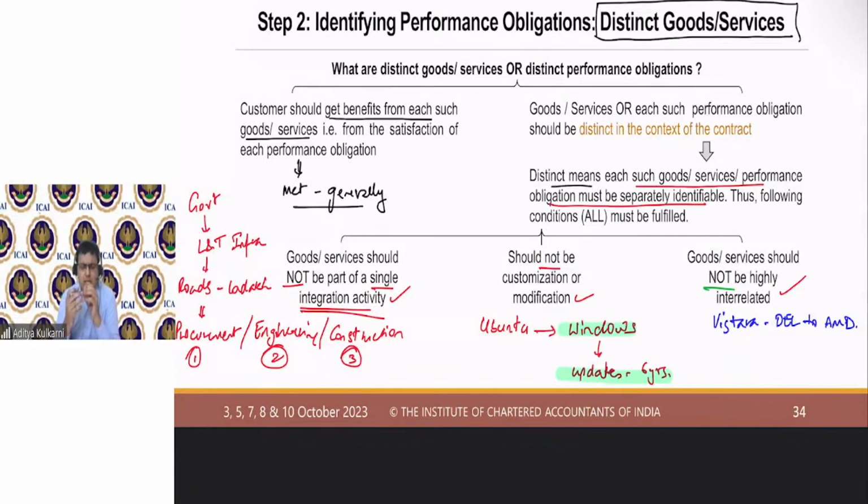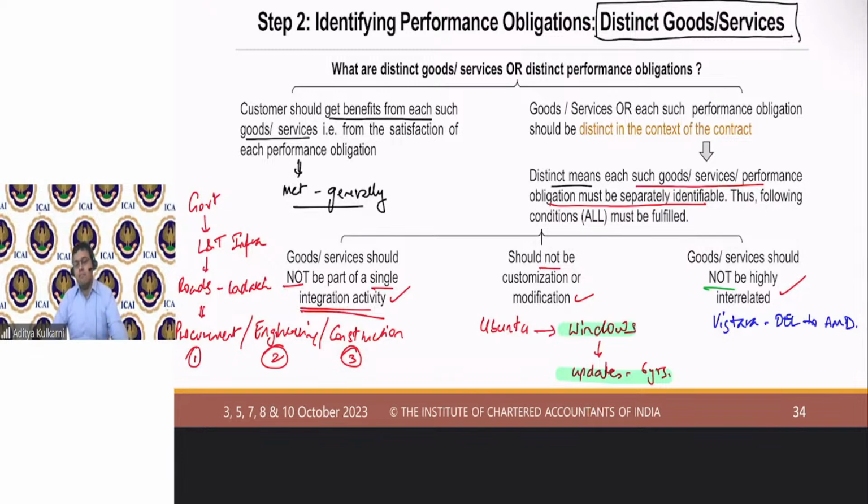Now, Vistara is transporting you from Delhi to Ahmedabad, and Vistara is also transporting your bag from Delhi to Ahmedabad. Two things are happening: transporting passengers from Delhi to Ahmedabad and baggage handling services.